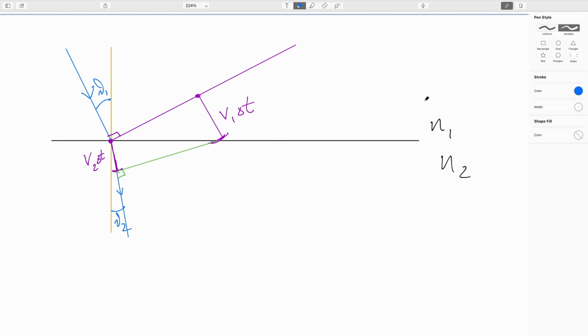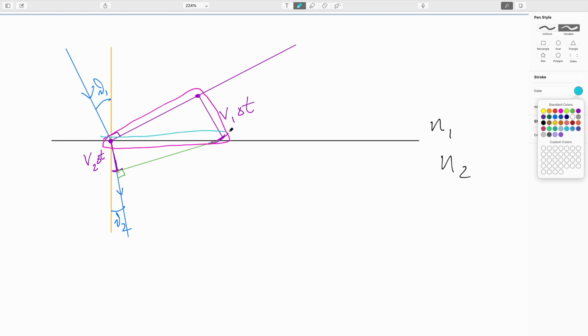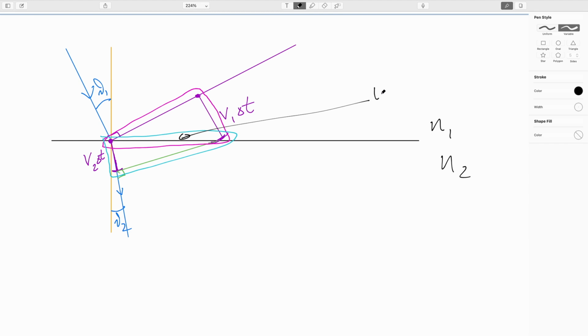So now here we're going to be considering two triangles, but we can't do similar triangles like we did for the law of reflection. So this triangle we're going to take a look at right here, and then the other triangle we're going to take a look at will be this triangle right here. Now what they do have in common, at least, is they do have a shared hypotenuse.